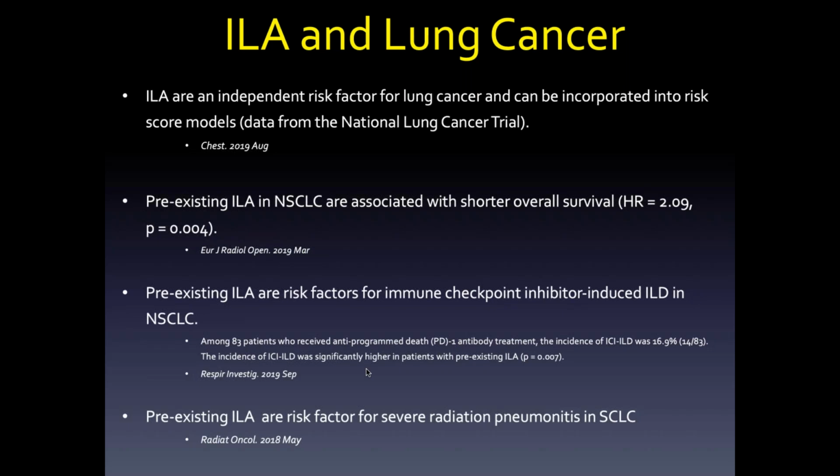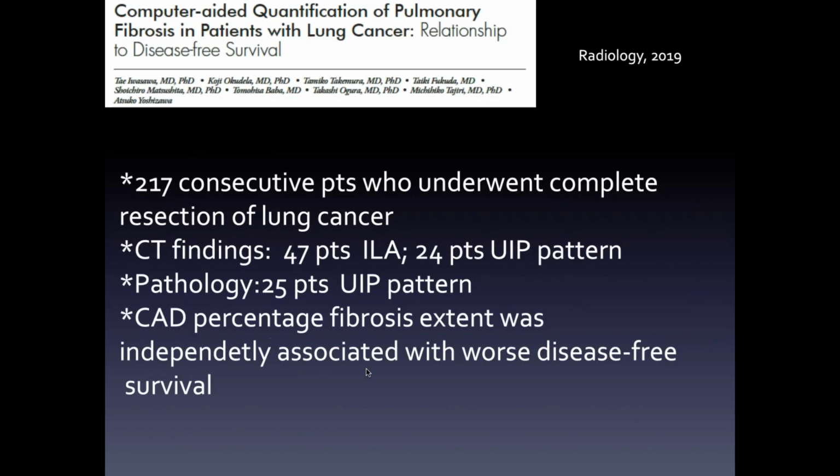Pre-existing ILA is a risk factor for immune checkpoint inhibitor-induced pneumonitis, and also a risk factor for severe radiation pneumonitis in small cell lung cancer. So again, there is some link between ILA and lung cancer, and not only with ILA, but mainly with the subset of ILA having fibrosis.